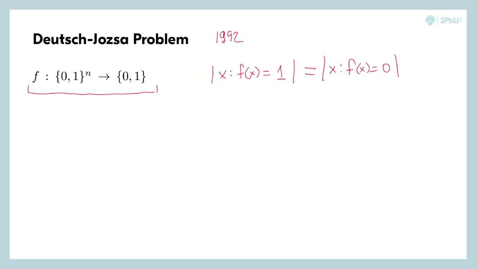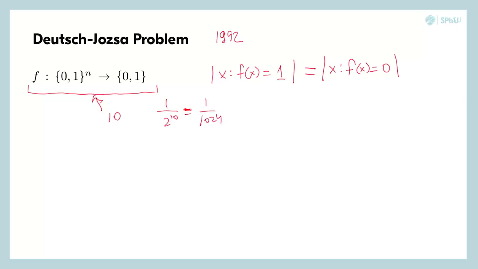Now, if we don't need 100% certainty, then classically this problem is not extremely hard, because if we call this oracle, for example, 10 times with random inputs, and each time we have the same value, then we can bet that it is a constant, and the probability of mistake would be this.